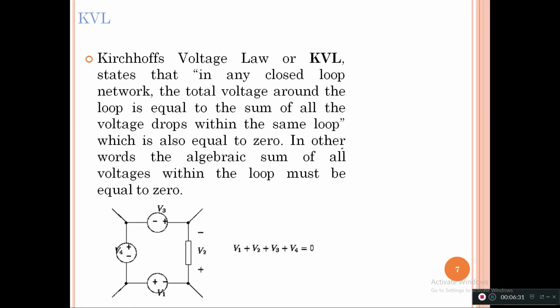Now let us come to the KVL. So both these laws, that is KVL and KCL, are based on the law of conservation of energy. What is the law of conservation of energy? It says that energy can neither be created nor be destroyed. It can only be transformed.